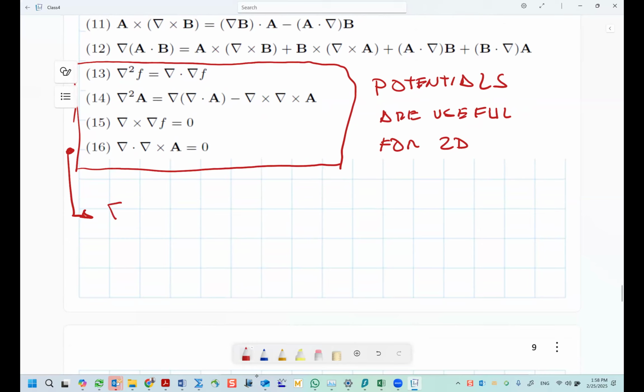So this is the divergence, and this is the curl. What this is telling you is that the divergence of the curl of any vector is always equal to 0. Is it true? So let's put the divergence and let's write the curl of a vector.